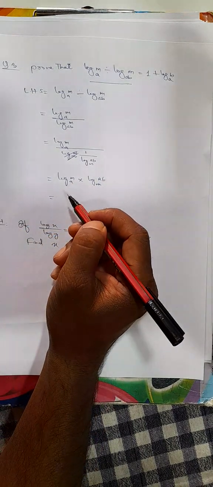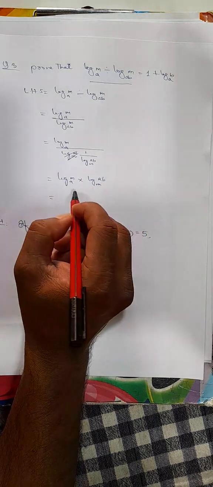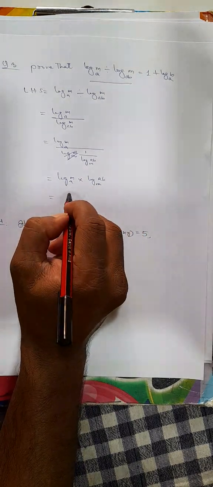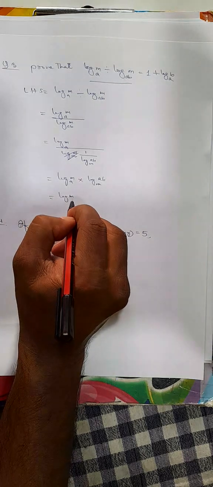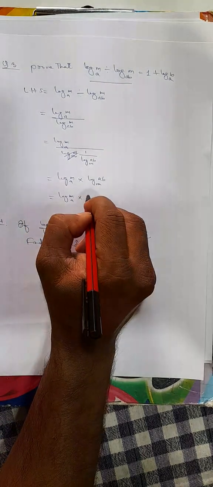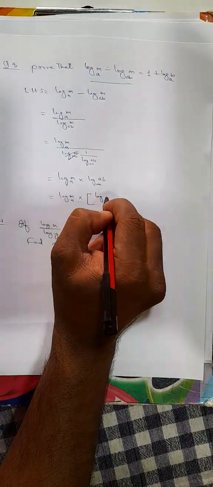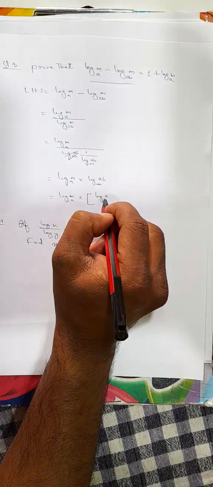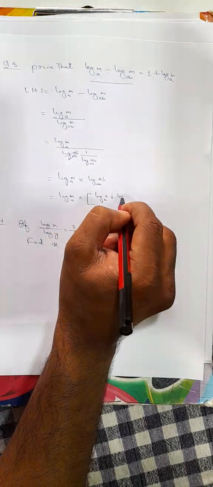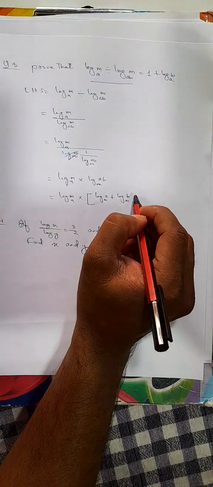So let us try to simplify this. It becomes log m to the base a multiplied by, you can write it as, log a to the base m plus log b to the base m.